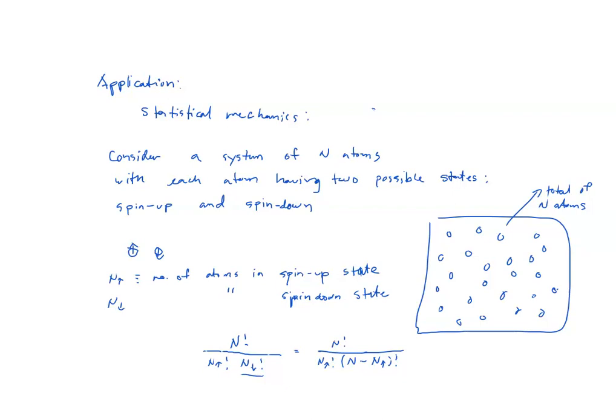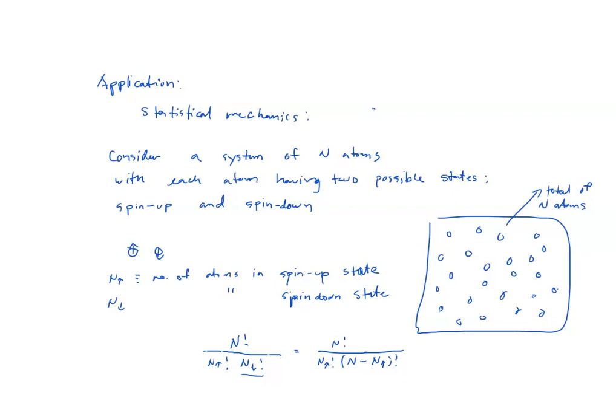Now, halimbawa, mayroon kang gas. Diba? Halimbawa, ideal gas. If you have a container with, let's say, some volume of gas, pag tinanong ka, how many ways can you arrange those atoms in that container? Tama. Then all you have to do is to use n factorial. Okay. Now in this case, kung lalagyan mo siya ng additional detail, for example, in this case is, you now have a spin up and spin down state.